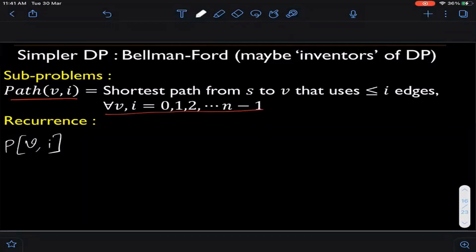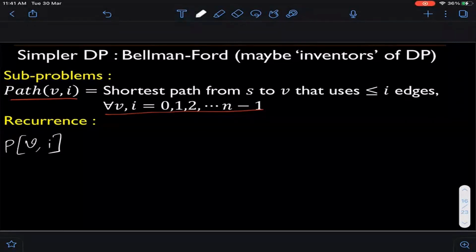So what is the easy case of the recurrence? No, that is the base case. I'm not talking about base cases. I'm trying to write the recurrence for a general V and general i.